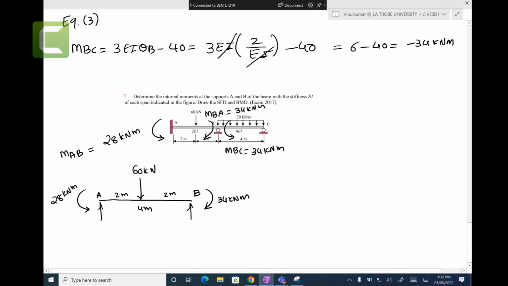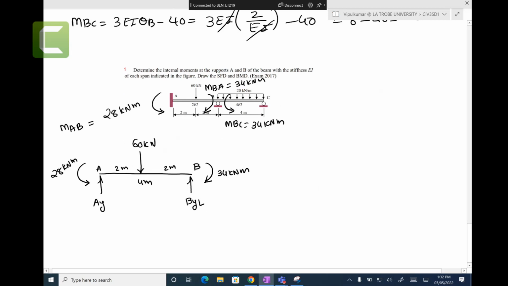And let's say there are shear forces or reaction forces, let's say AY and BY on the left side. Then you can break it down to another one here, BY on the right side.